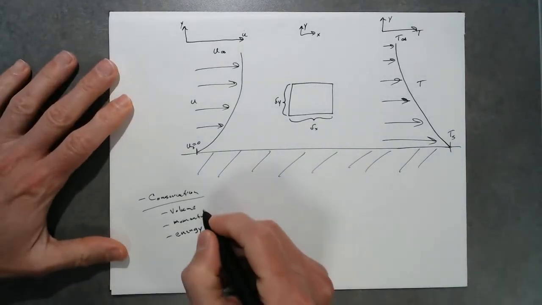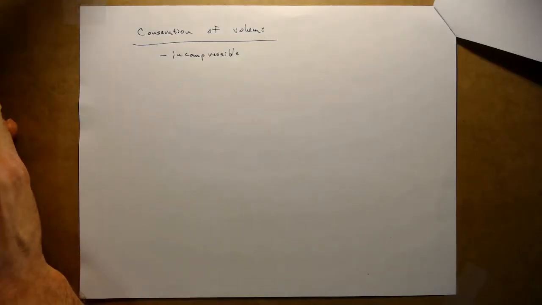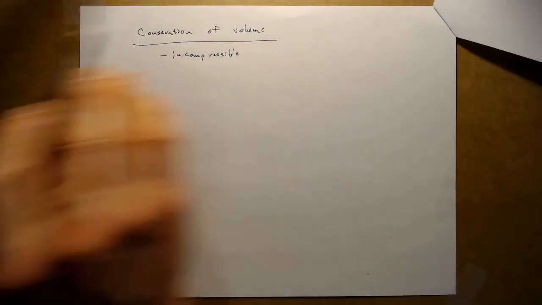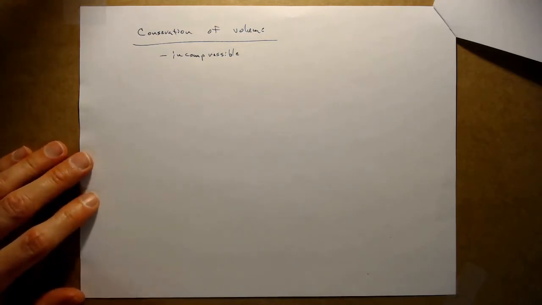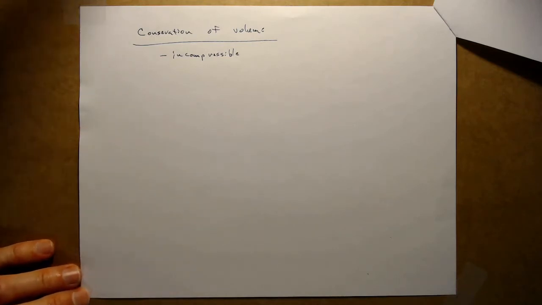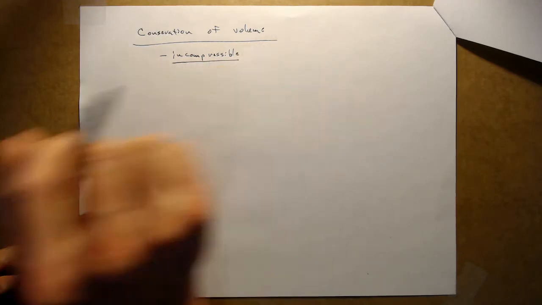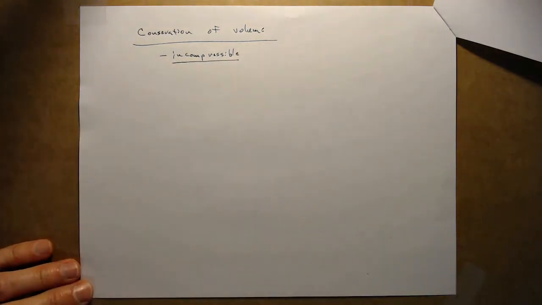Let's look at the conservation of volume first. So we're going to derive an equation for the conservation of volume. But we need to remind ourselves really of the constraints under which this equation is valid. And primarily, what we're interested in is situations where the fluid can be considered incompressible.